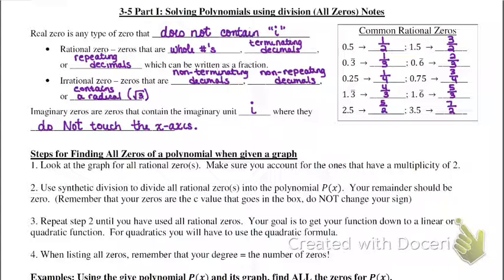And remember, when listing all your zeros, your degree equals your number of zeros. That's usually where I start, figuring out how many zeros I have and how many I need to find. The other note that I need to tell you about is that all radicals and i's come in pairs.